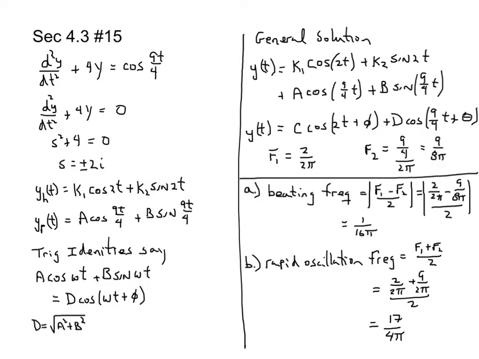And as I showed in the previous little screencast about how to compute beating frequencies, whenever we have a sum of two cosine functions or a difference of two cosine functions, there will be beating, and we can compute the beating frequency as the difference of the two frequencies divided by 2.